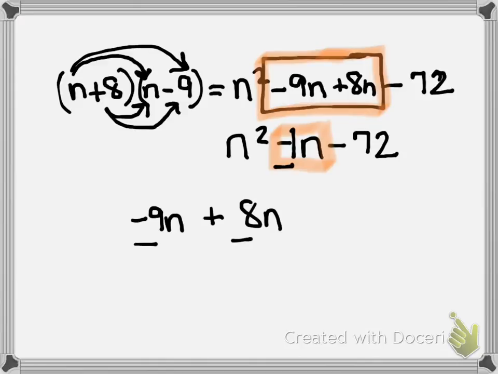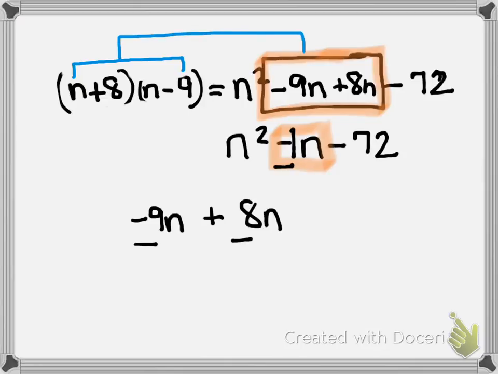Well, let's look back over at our original problem. And I want to see exactly where those two terms came from when we started. So the negative 9n came when we multiplied those two outside terms together. It gave us that one.